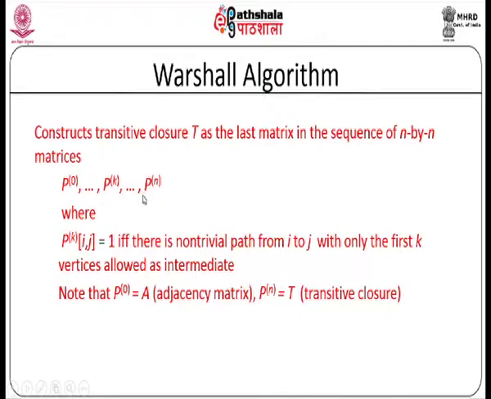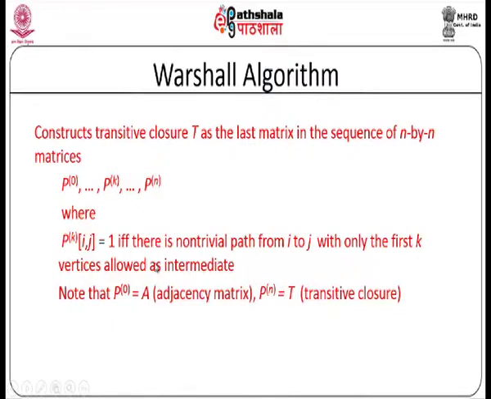When we end this process, Pk of i, j equal to 1 means there exists a path from i to j with only the first k vertices allowed as intermediate. That means vertices 1 to k are used as intermediate nodes to compute Pk of i comma j. P of 0 is nothing but the adjacency matrix.